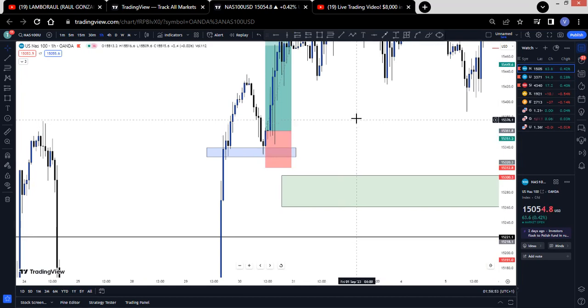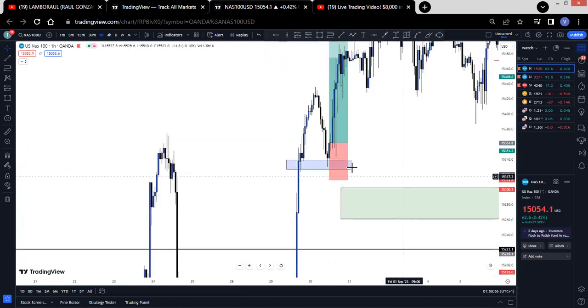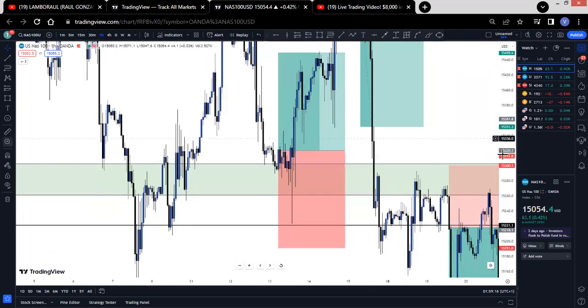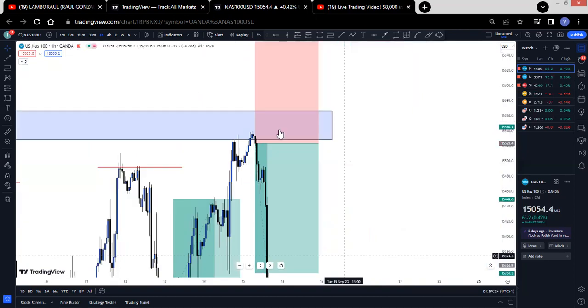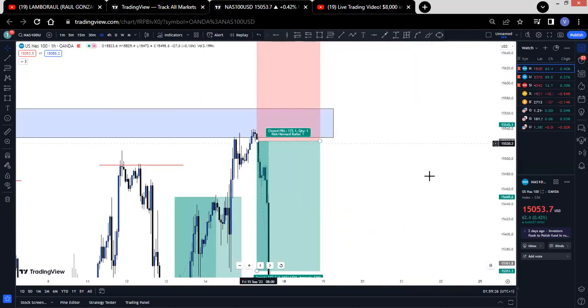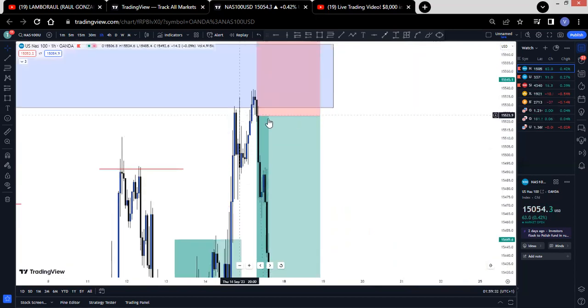So from the sell side, what I want to see is price holding strong at a level of resistance, giving us a weak rejection first, then a bearish engulfing. A bearish engulfing that closed below this previous candle, as you can see.